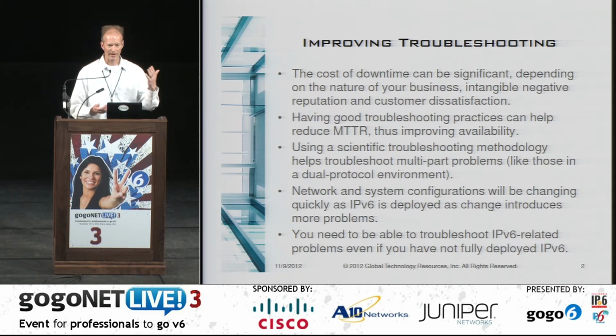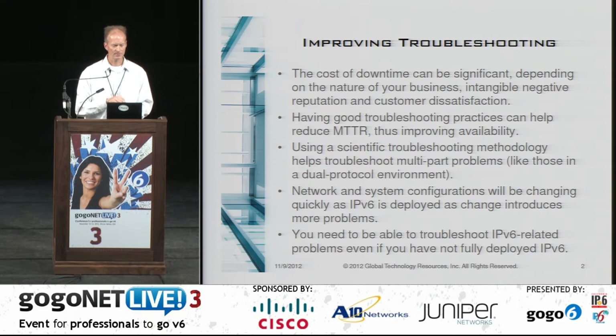But as you're deploying IPv6, whether on the perimeter or internally, you're going to be making lots of changes, and more things can be issues related to human error. Computer networks and systems run really well if nobody touches them. But as you're touching them, it gives more opportunity for human error, which can introduce more problems into the system.